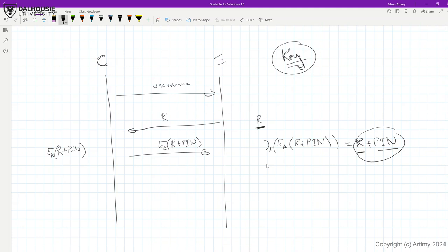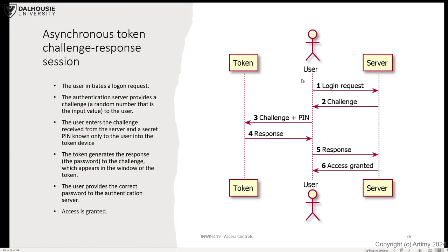So you can use different techniques, and we saw that in the cryptography course. All right, so these are different techniques. This doesn't require any synchronization, but it requires that the token and server have a common password, or common key for encryption.